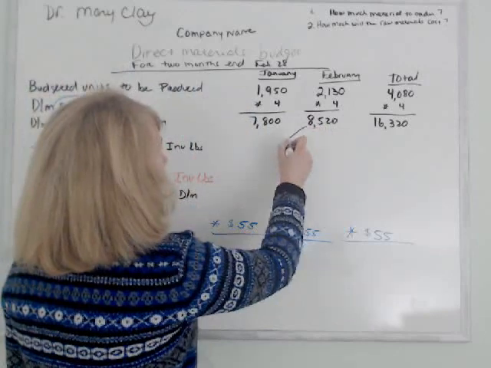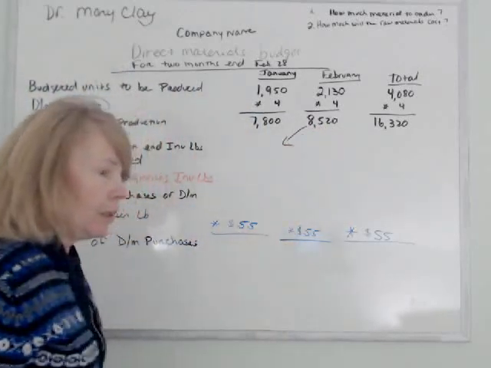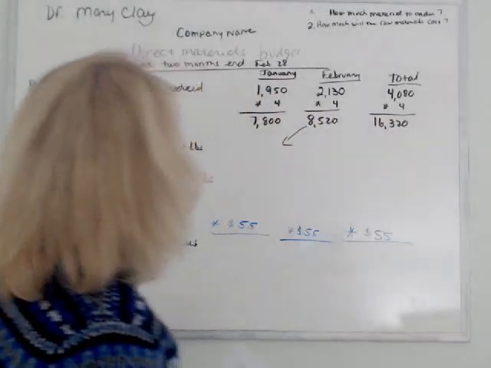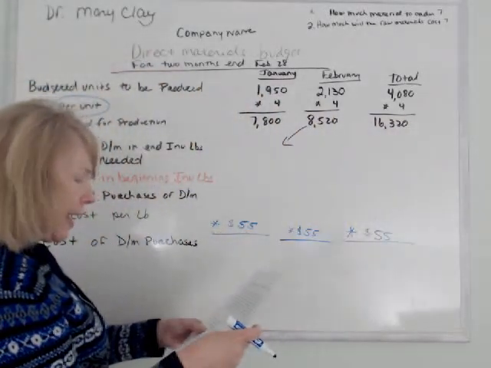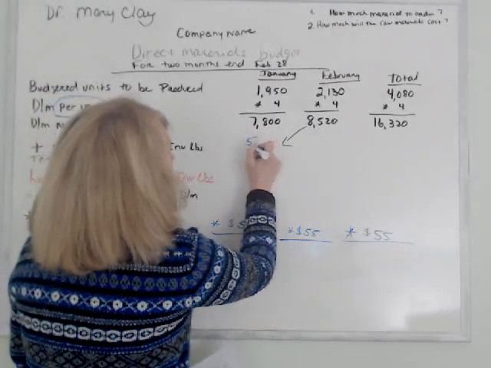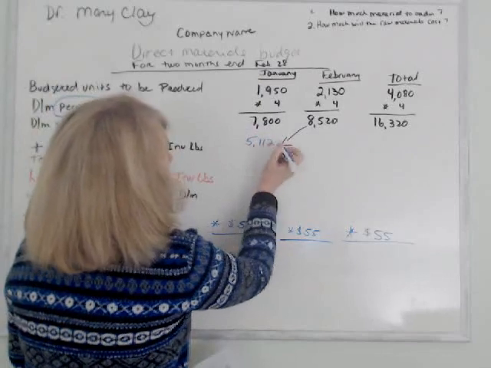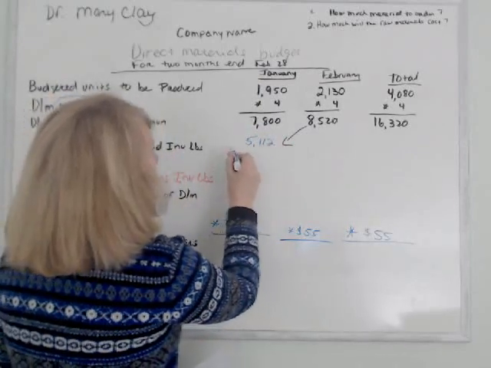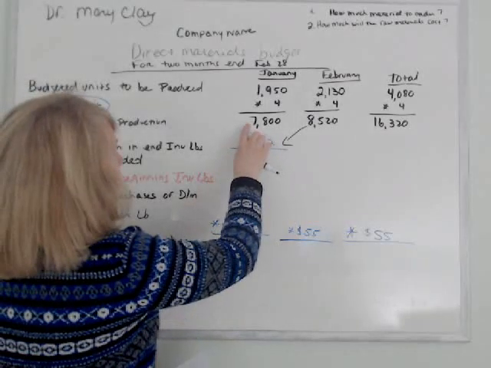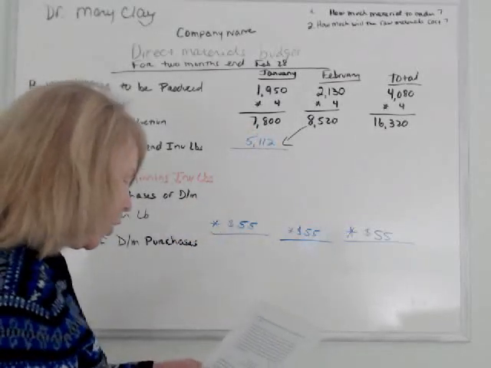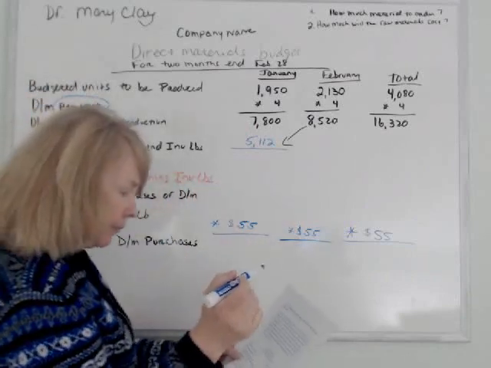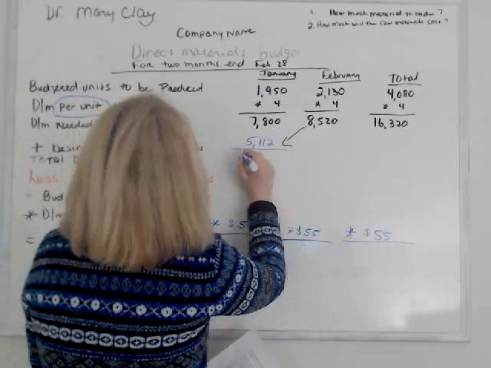I'm going to take 8,520 and multiply it by 60%. When I do, that gives me 5,112. I'm going to draw a line and add down for January, 7,800 plus 5,112. So my total direct materials needed in January is 12,912.